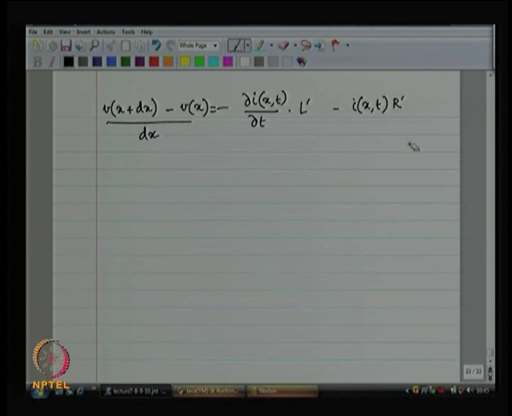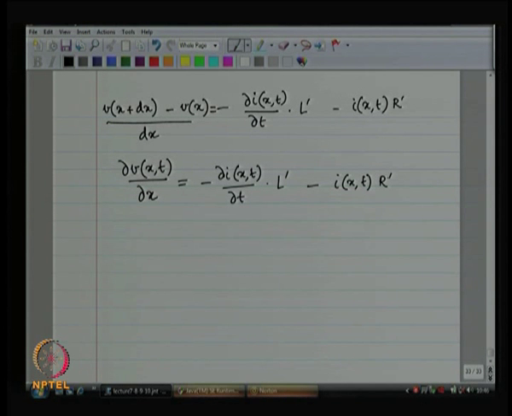I divide the right hand side by dx as well, and what I have got is, so this is what I have got from equation 1.